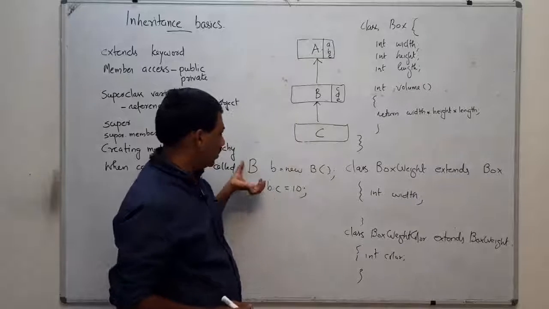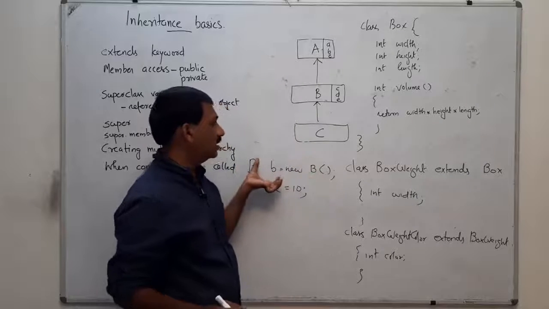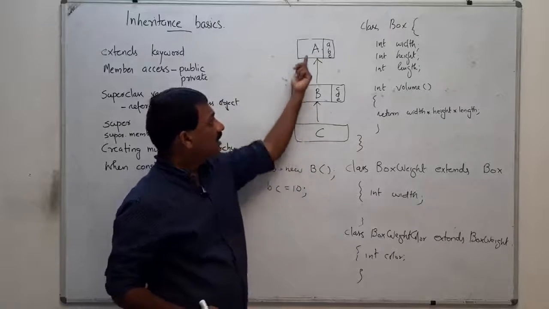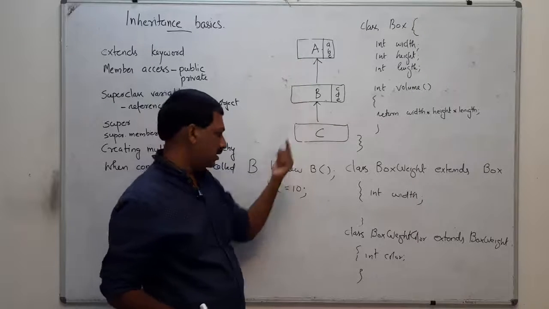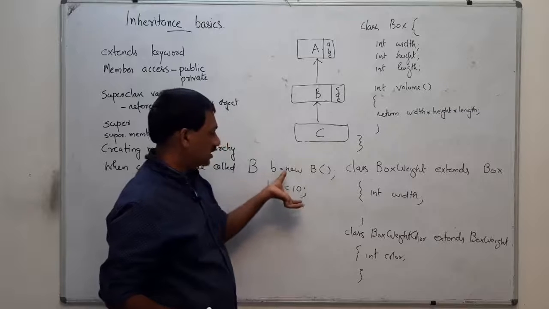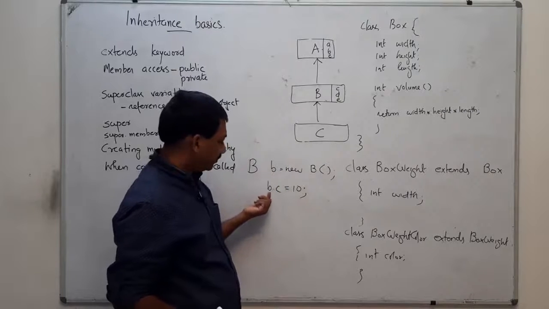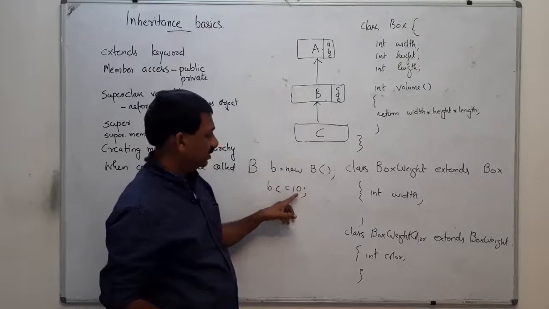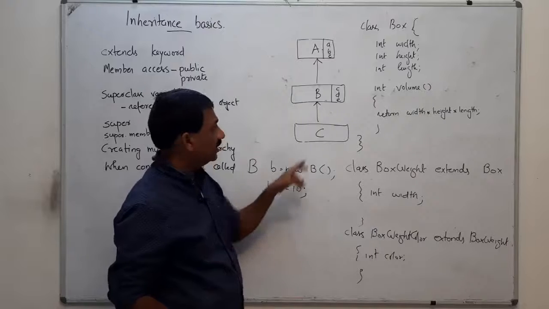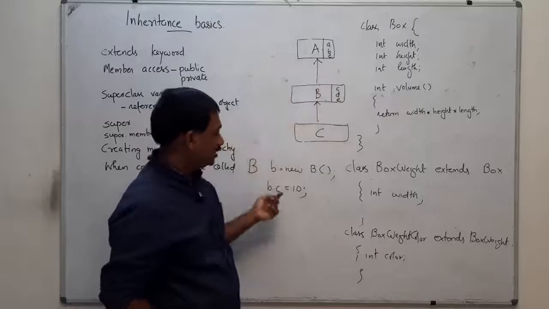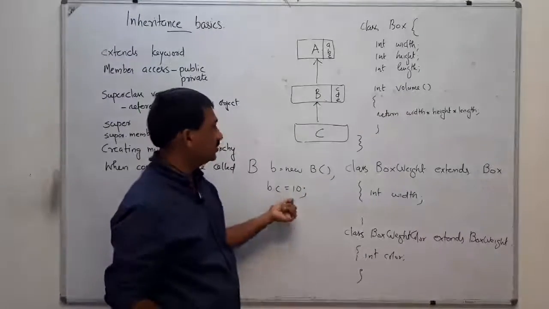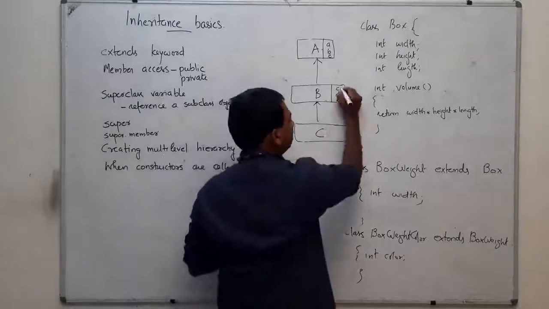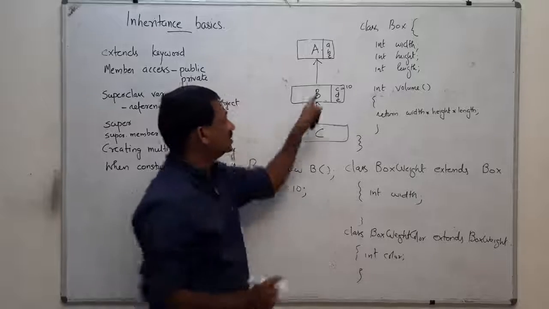But B dot C, you have created B, and B is inheriting all the properties of parent. But in this case, B dot C is equal to 10. It is updating only its own variable. That means preference will be given to its variable. So B dot C is equal to 10 means this will become 10, not this.